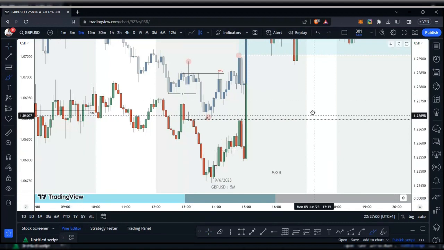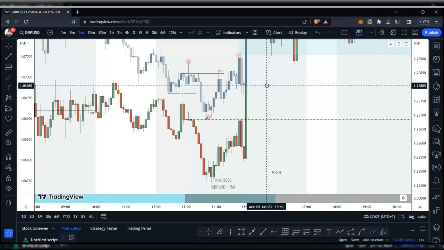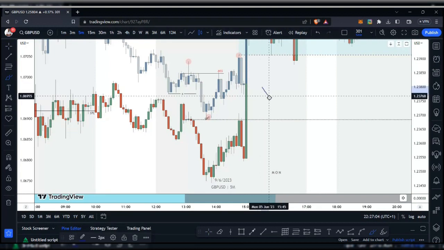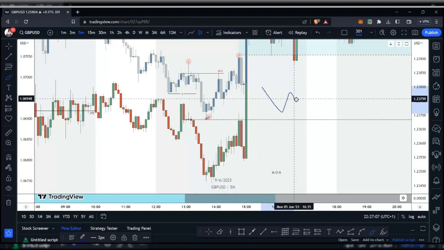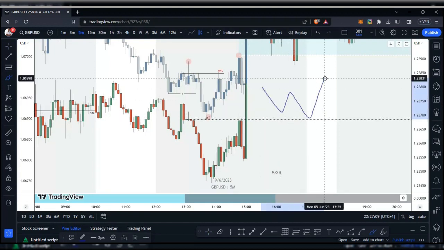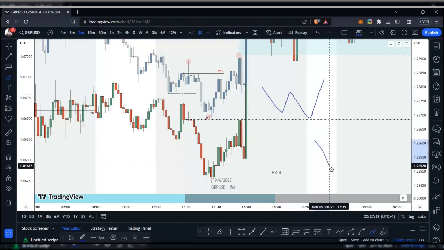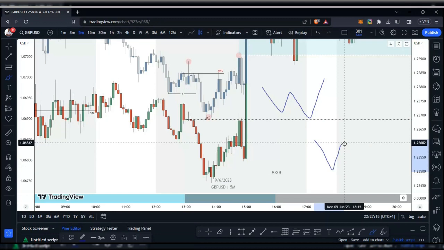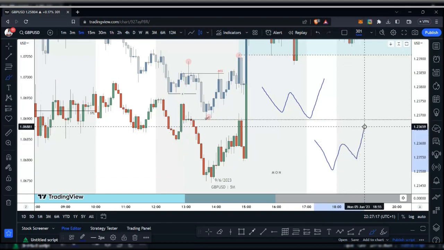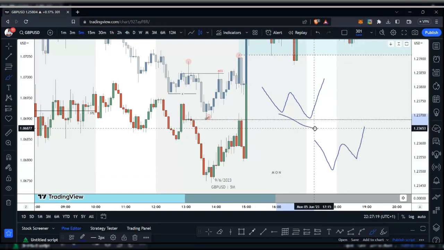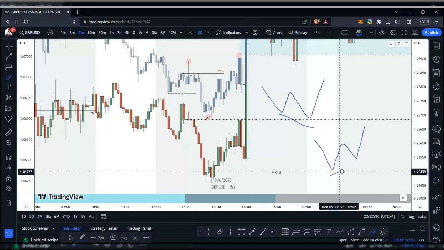When we are looking at the divergence, we want the first pair to create a lower low, and then the second pair fails to create a lower low. So this creates that low, and this creates that high, which is the divergence.